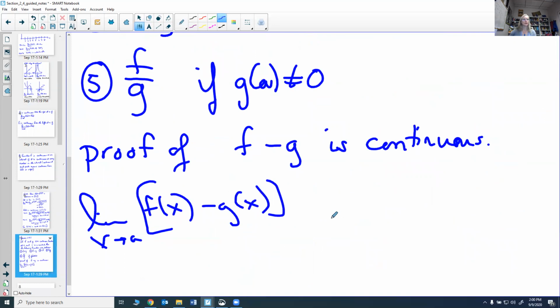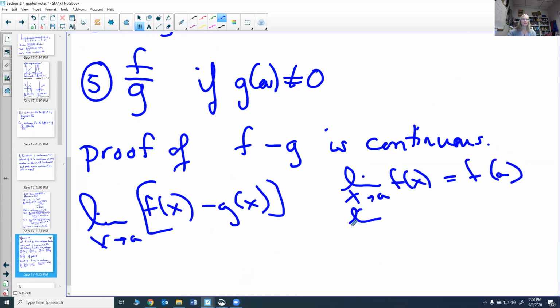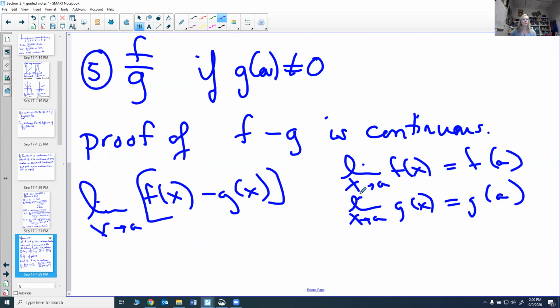So that tells me that the limit as x goes to a of f of x is f of a, and the limit as x goes to a of g of x is g of a, because we're assuming that f and g are continuous. So we have these to work with. Again, we're going to use our limit laws.